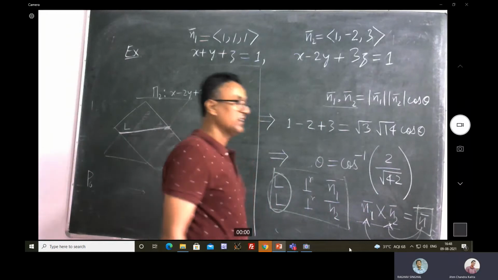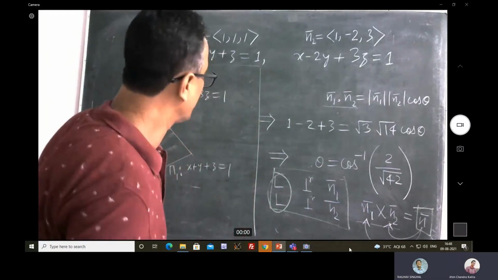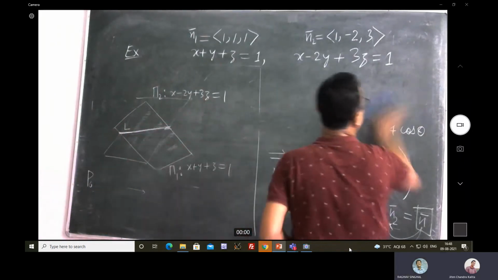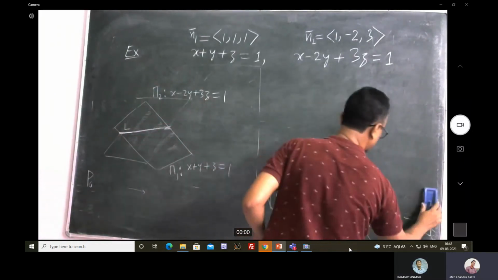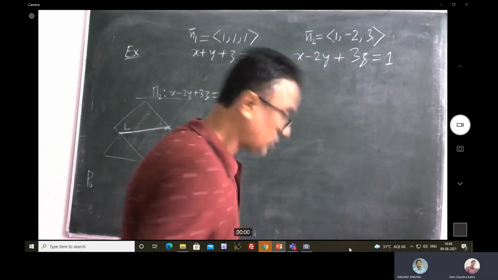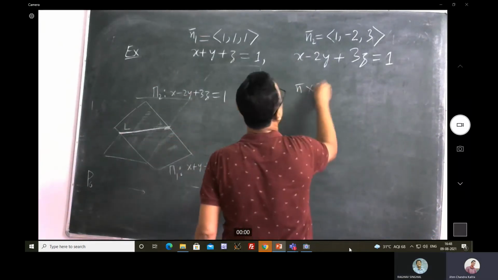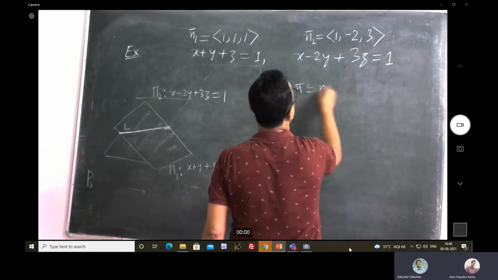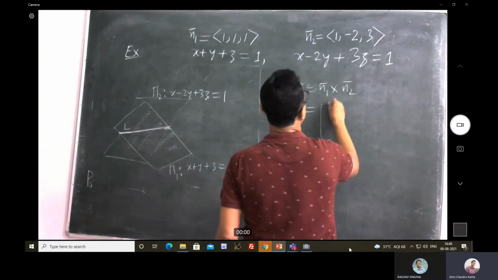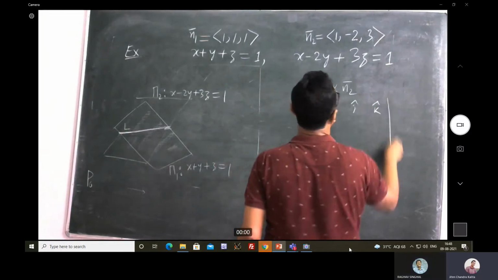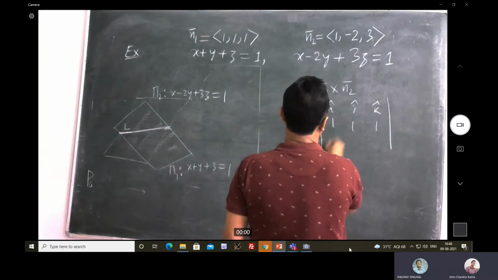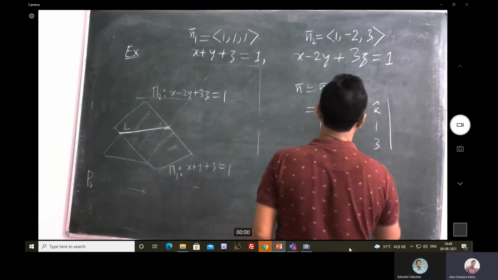So what we are going to do is find out the cross product. I can write this as i j k, then 1 1 1, 1 minus 2 3.